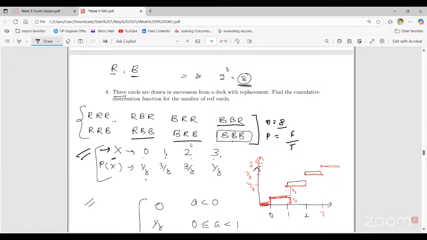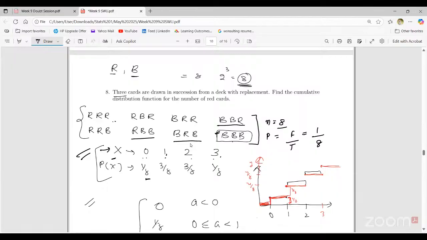Now, for X equals 0, that means I have no red card. So this will be my case, only one case out of 8. So what will be my probability? The number of favorable outcomes 1 divided by the total number of outcomes 8. I got 1 by 8.